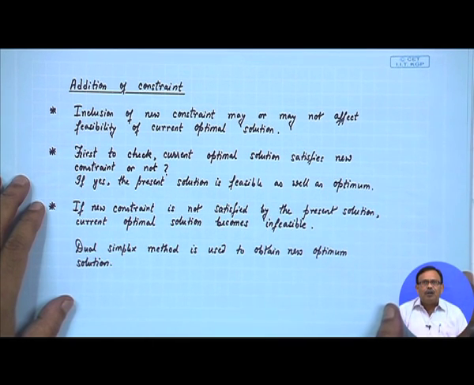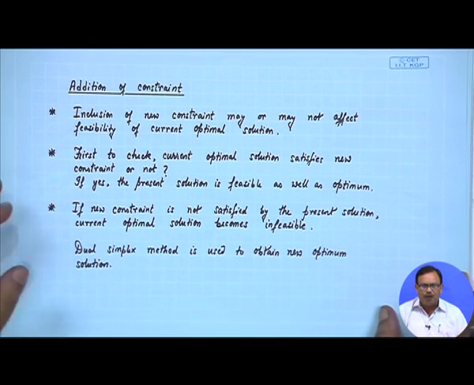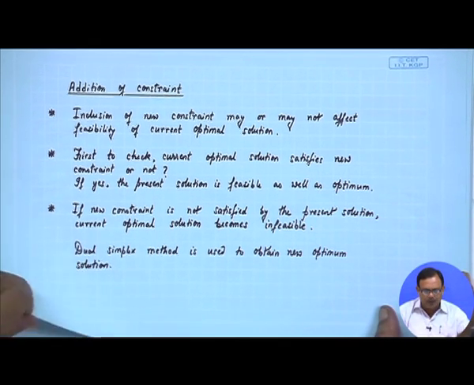But if the new constraint is not satisfied by the present solution, then the solution of the old problem will not be feasible. So, I have to reformulate the problem and do this.